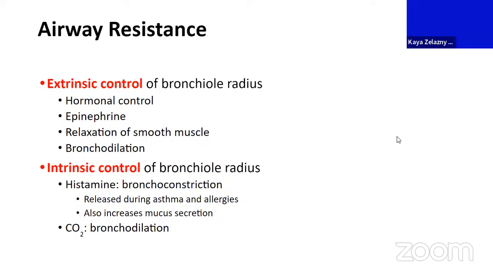Other extrinsic controls of bronchiolar radius, other than our familiar autonomic nervous system, really we're thinking hormones, really we're thinking epinephrine. And we kind of always think about epinephrine in association with the sympathetic nervous system.